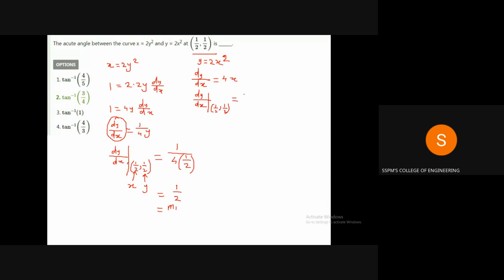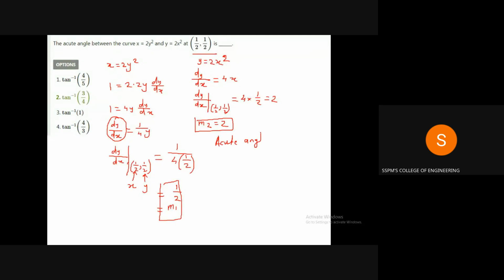So if we put x is equal to 1 by 2, we get 4 into 1 by 2, which is 2. So m2 is equal to 2. The value of the first slope is half, and m2 is equal to 2. We have to find the acute angle between the curves. So how is it given?